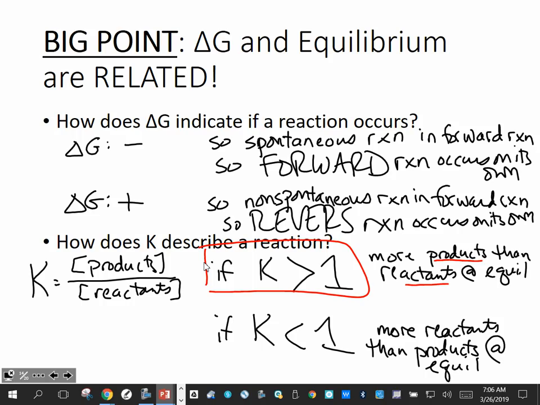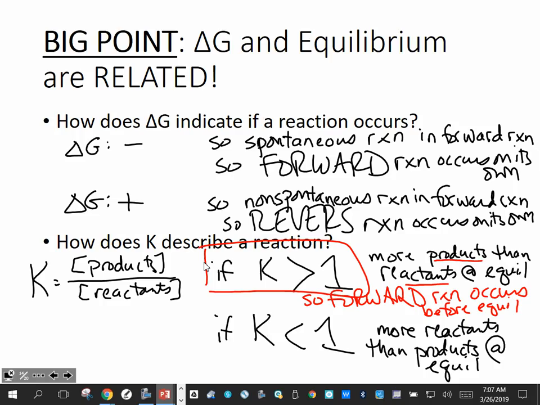So if K is greater than 1, the forward reaction occurs more frequently before we get to equilibrium. I mean, they're both occurring at equilibrium at the exact same rate, but the only way to wind up with more products than reactants is if your forward reaction was happening more frequently before you got to equilibrium.